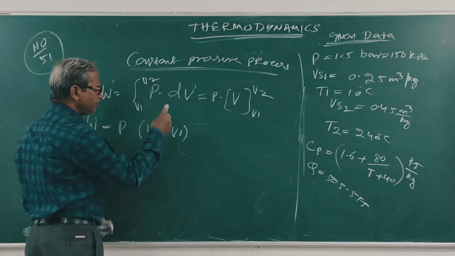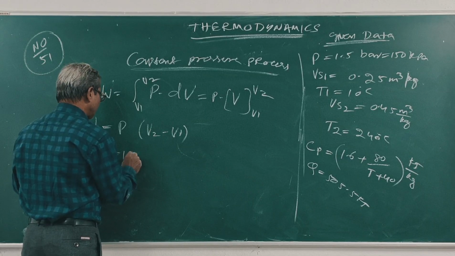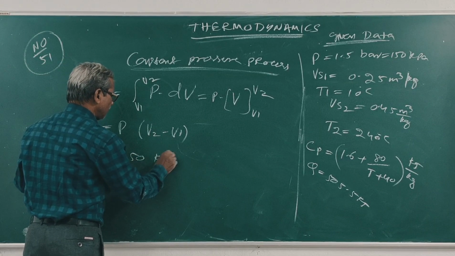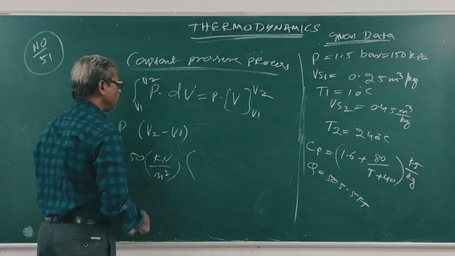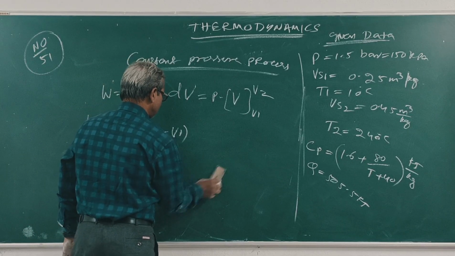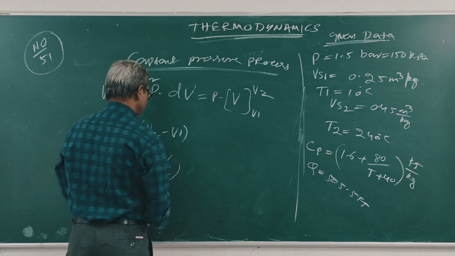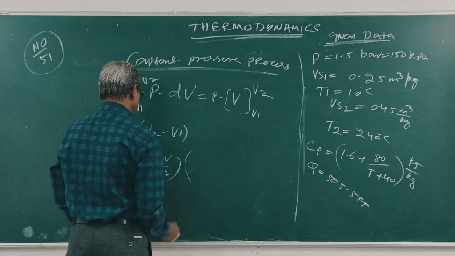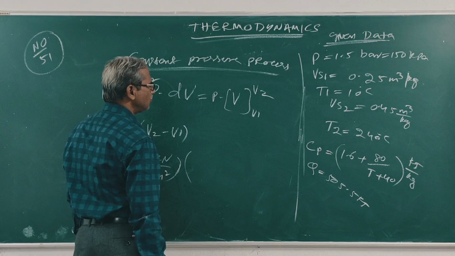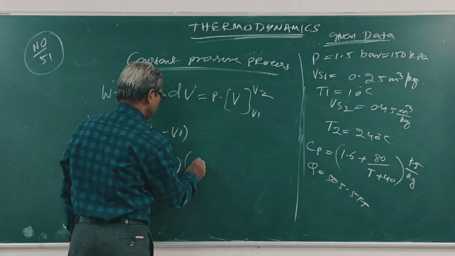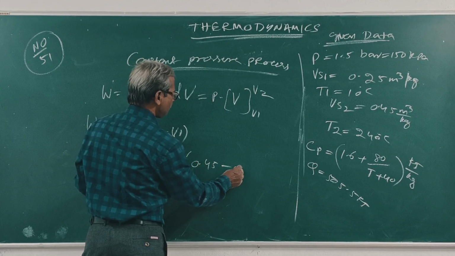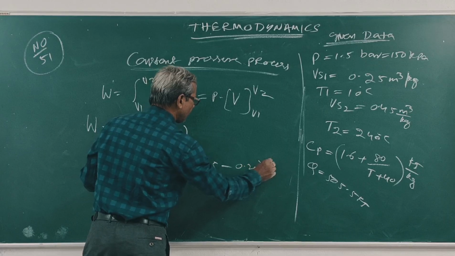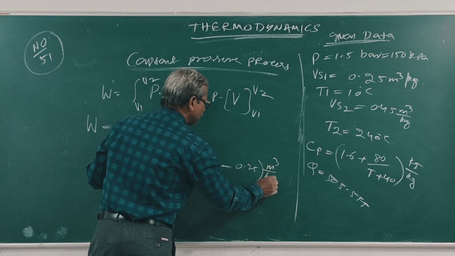What is P? 150 kilopascal, kilonewton per meter square, into V2 minus V1. What is v2? 0.45 minus v1, 0.25 meter cube per kg.